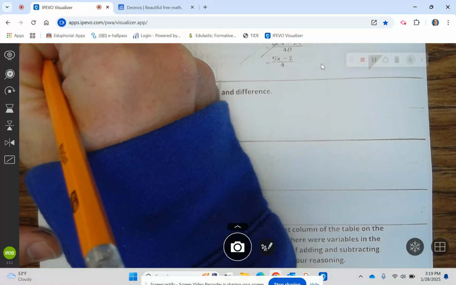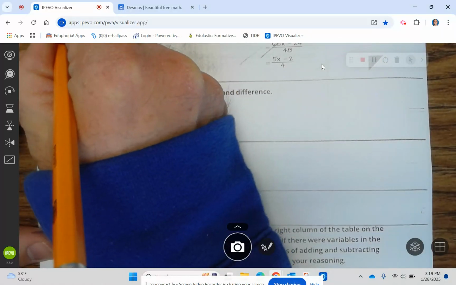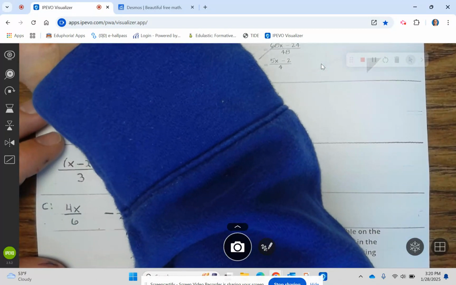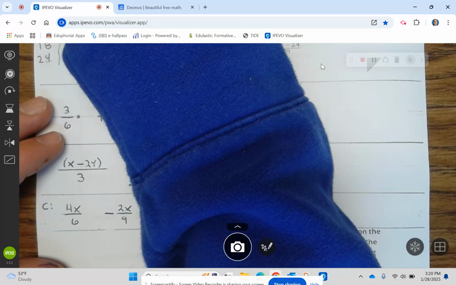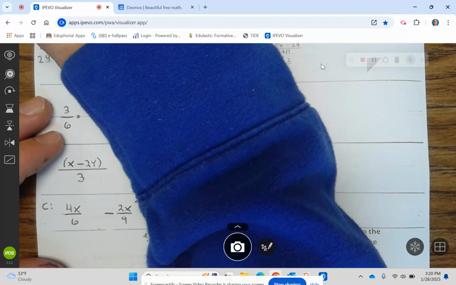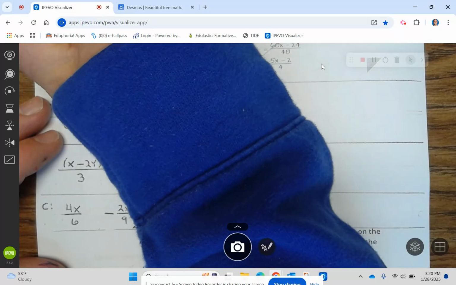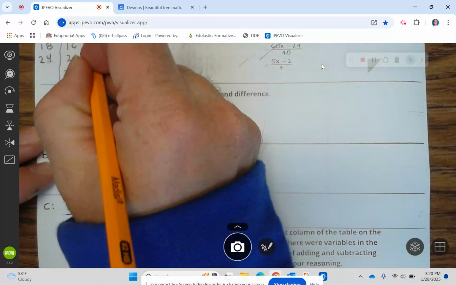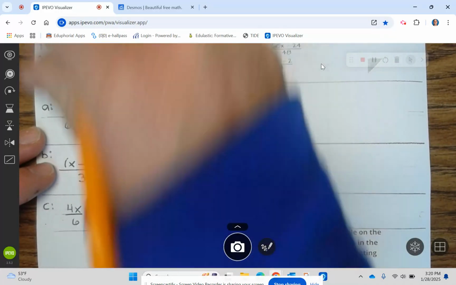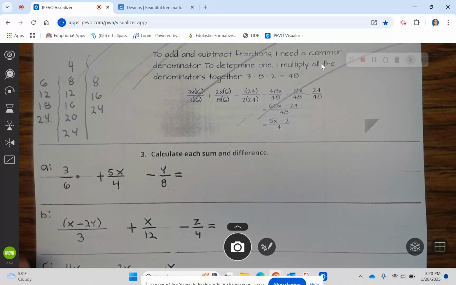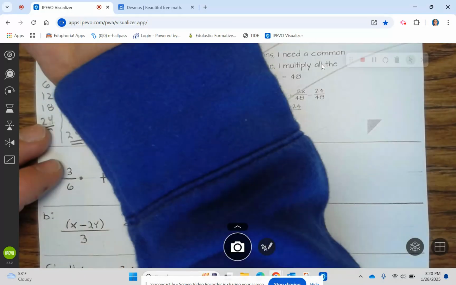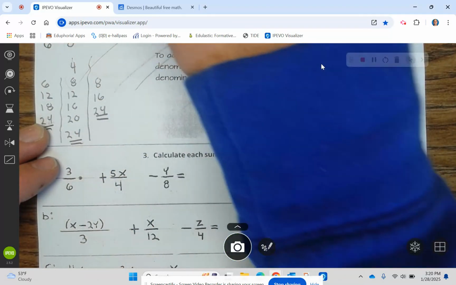We have 6, 12, 18, 24. 4, 8, 12, 16, 20, 24. And then 8, 16, 24. Well, 24 is the common number for 6, 4, and 8.